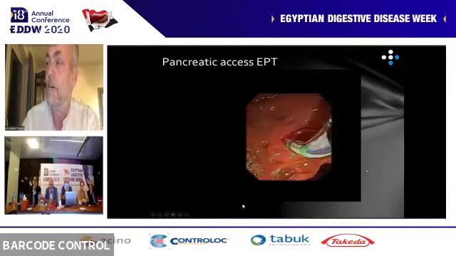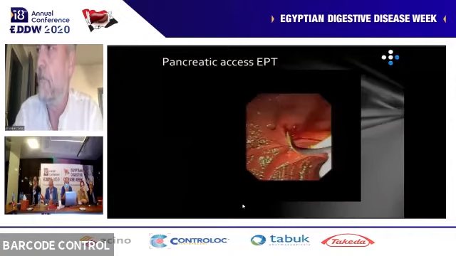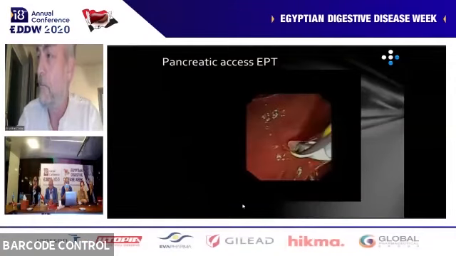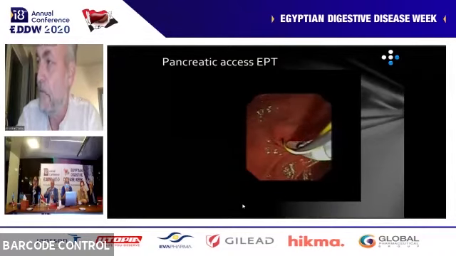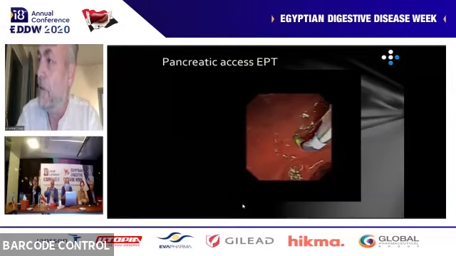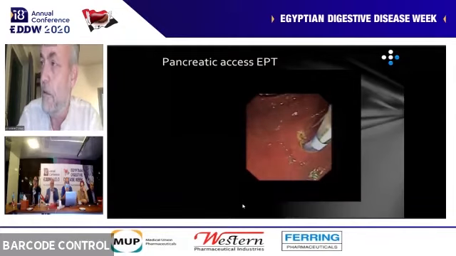The other option, if you have a pancreatic access, is what I show you here. So the wire is in the pancreas, you try the double wire technique, and like I said, sometimes it works, sometimes it doesn't. And if it doesn't, then pass your sphincterotome over that pancreatic wire and do a sphincterotomy over that.